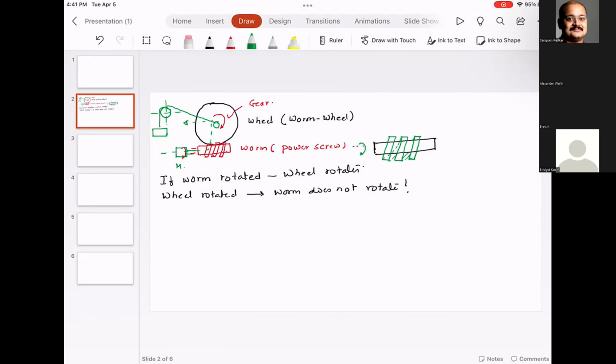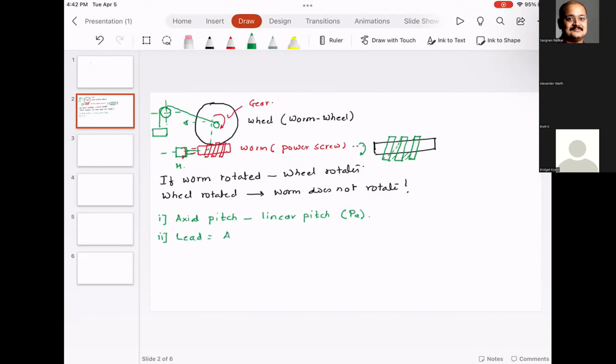For the worm, we have axial pitch, which is also called the linear pitch, given as PA. And remember, in power screws, we talked about the concept of lead.